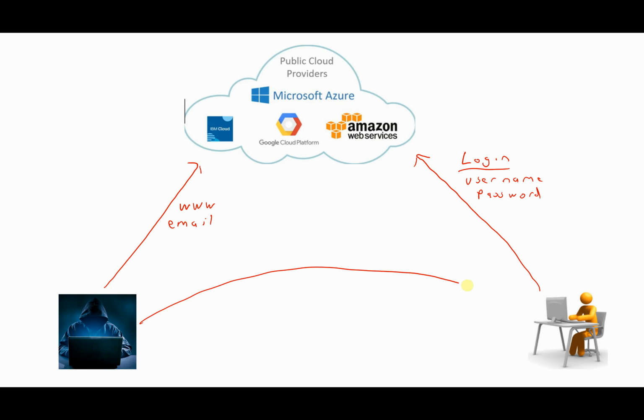A social engineered phishing email is sent to the target. The email is designed to have the target connect to a spoofed login page. Once connected, the target types in their username and password as if they were logging into the cloud service.